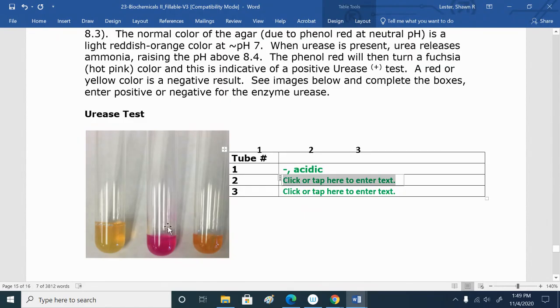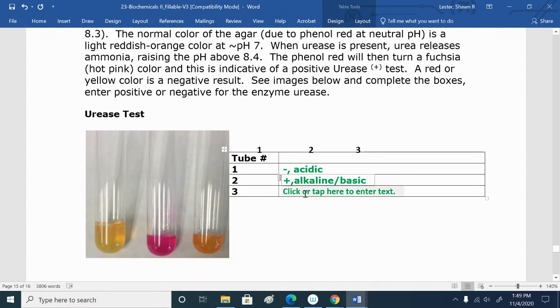And this tube here, is it positive or negative? Positive. It's positive. It's fuchsia. And so what's the pH? Alkaline. Right. Or basic, right?